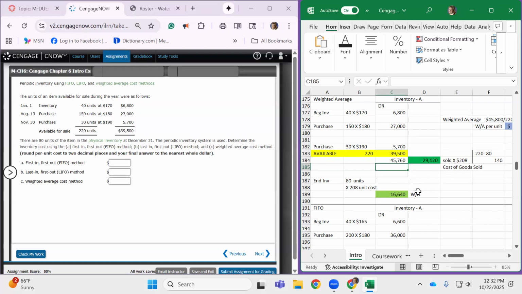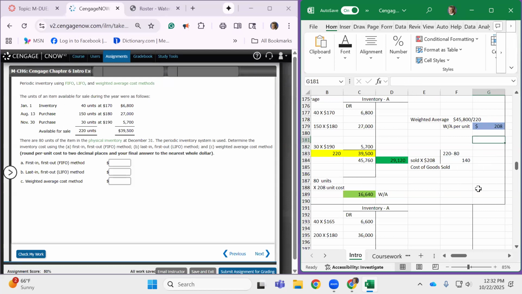Okay, there's how much we have available. Let me make sure that I'm reading this right. Okay, 140 units sold at 208. Let me double check that. No, something's different. So this is these two added together, and then that's those added together.